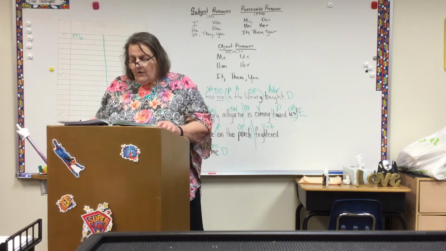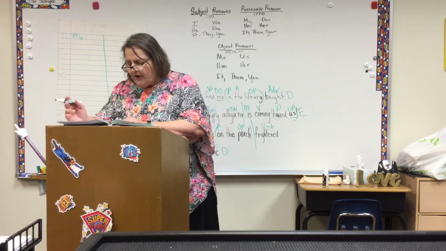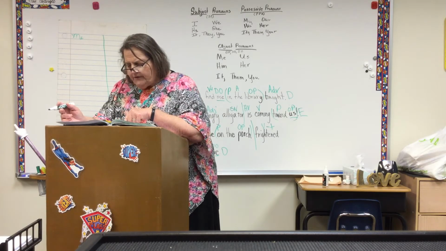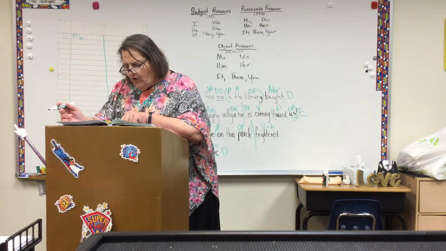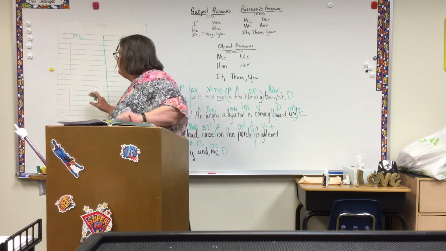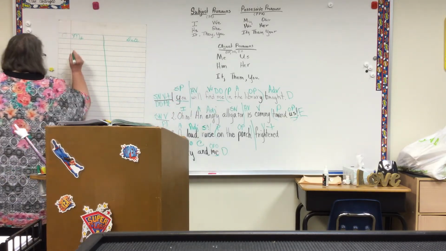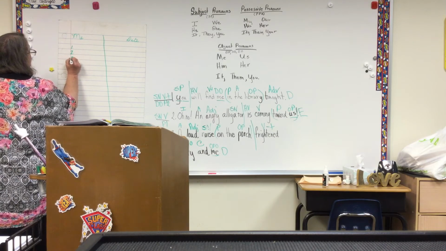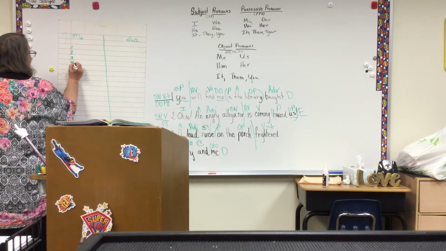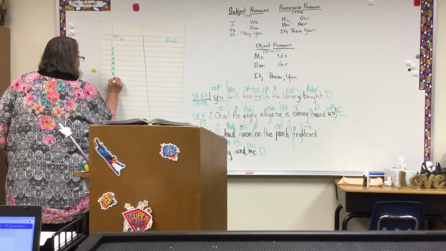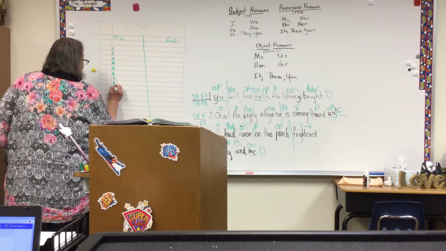Let me count how many verbs there are. There are, count with me, 1, 2, 3, 4, 5, 6, 7, 8, 9. So on this side, I'm going to count 1, 2, can they see me doing this? 3, yes. 4, 5, 6, 7, 8, 9.